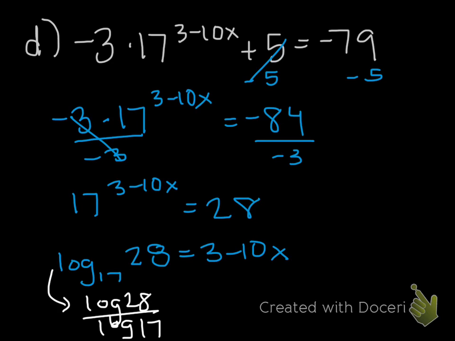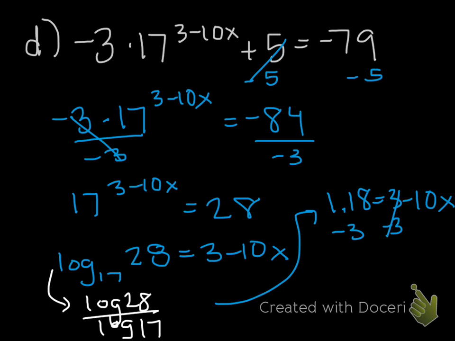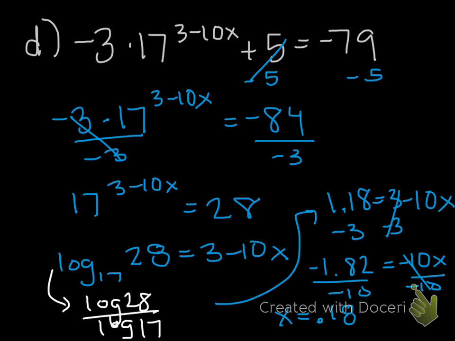When you do that, you will get the decimal 1.18, but I still have to solve for x. So my next step will be to subtract 3 to both sides, which will give me negative 1.82. And then we divide both sides by negative 10. Your final answer for x for this problem will be 0.18.